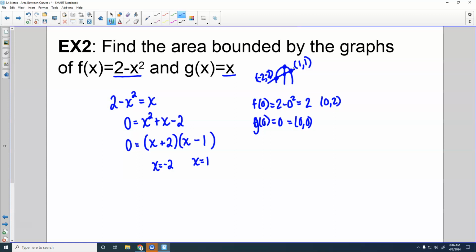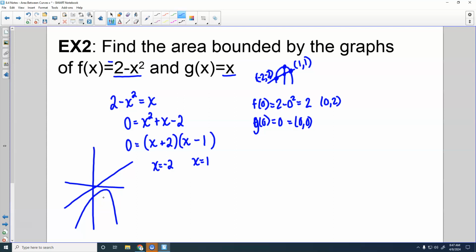Yes? How would g of x be the top graph if they have to intersect? If, for example, the parabola had been moved down, if it was like -2 minus x squared, then the parabola would actually be down here, which they would really have to give you some vertical lines to make that work.